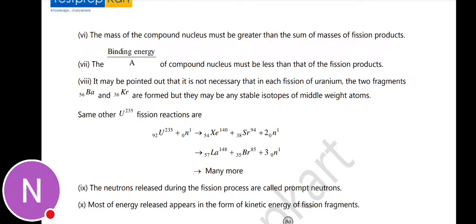It may be pointed out that it is not necessary that in each fission of uranium, two fragments like Ba and Kr are formed.